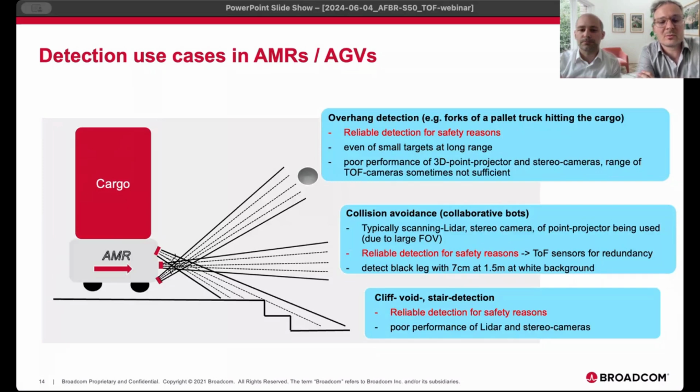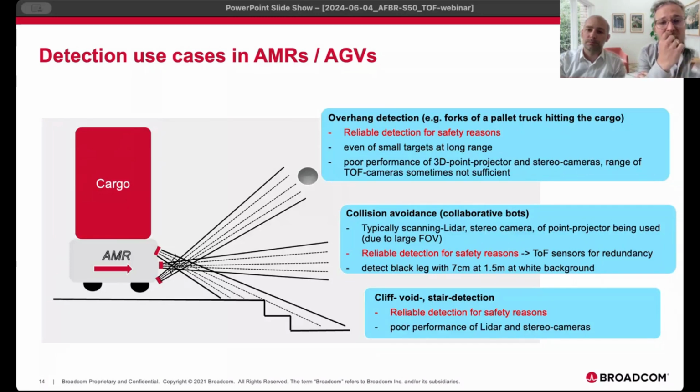They are loaded with heavy loads at a certain height and driving around, and then suddenly crash into the cargo of an AMR which is at the same height. So an AMR would need to detect the metal forks of such forklifts coming towards them. This is the use case of the overhang detection.